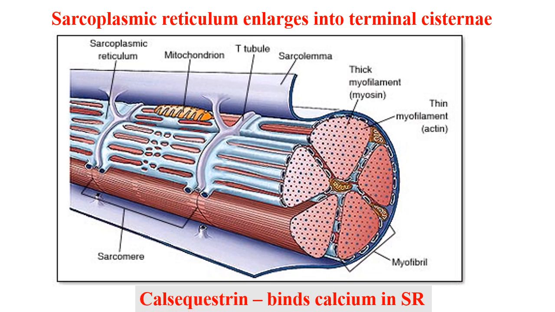Calsequestrin. Don't tell me sequester calcium. Sequester calcium is not the name of the protein. Just shift it, calsequestrin. That's the protein. Why is that important? Why is calsequestrin important to sequester calcium inside of the sarcoplasmic reticulum?